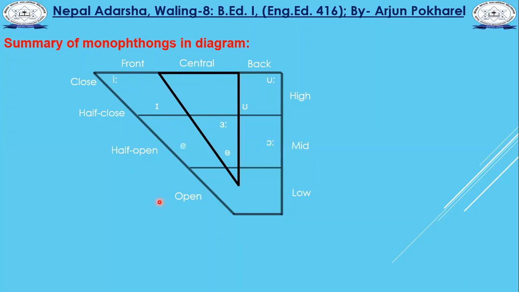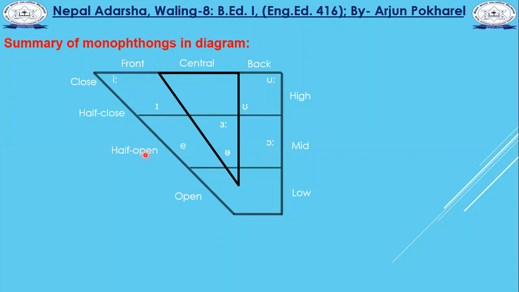Now see here, again three monophthongs came here. These three are what? They are half open vowels according to British phoneticians.